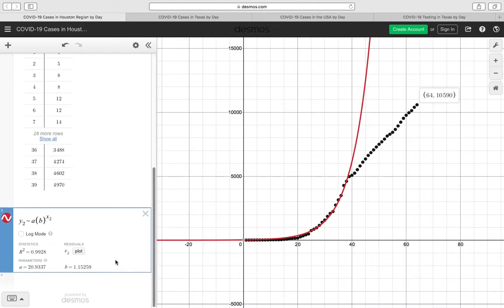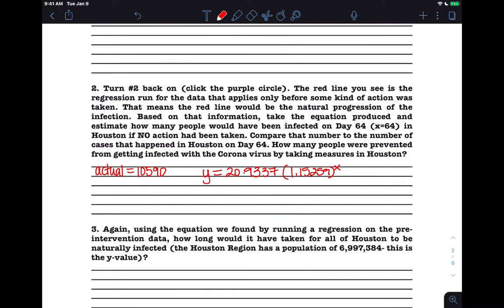So I'm going to write that equation down. And it's going to look something like this. I wrote in the exact numbers just so I can be as exact as possible. I know that for this, I need to plug in x equals 64.